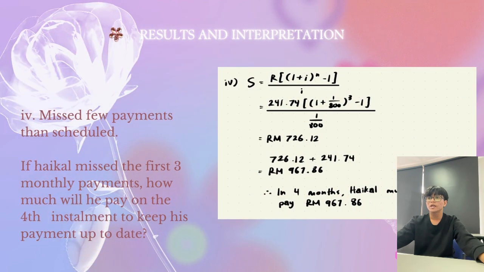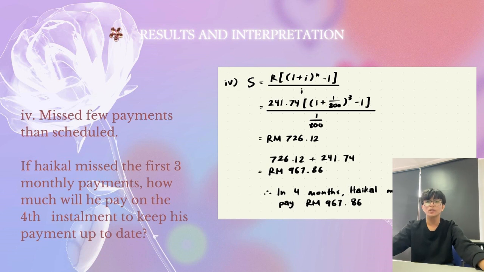Question 4 is missing a few payments, then escalate. From this question, we have to use the formula S equals R open bracket 1 plus I close bracket to the n minus 1 close bracket, per I. Our R is 241.74 and our I is the same, 1 per 800, and we change the n.